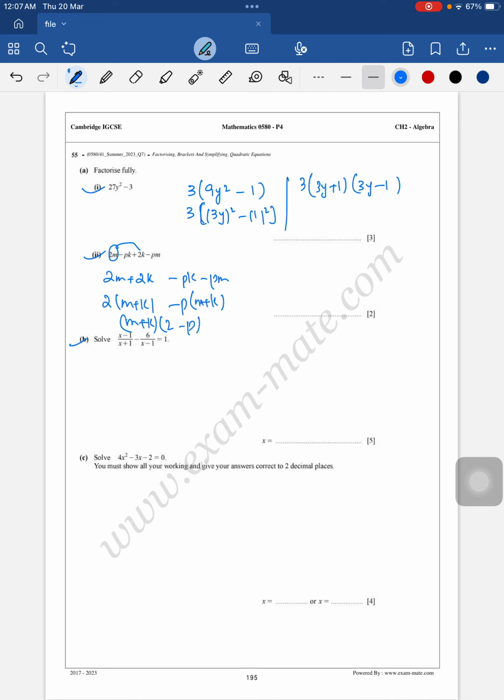Part B, solve x minus 1 upon x plus 1 minus x upon x minus 1 is equal to 1. Taking LCM. So x plus 1 cancels, x minus 1 the whole square, minus x minus 1 cancels, 6 into x plus 1. Okay.